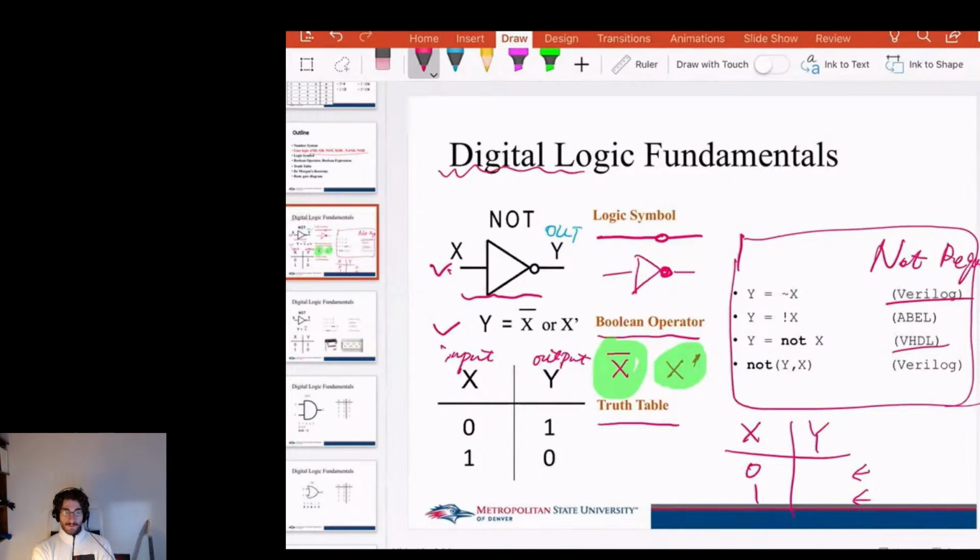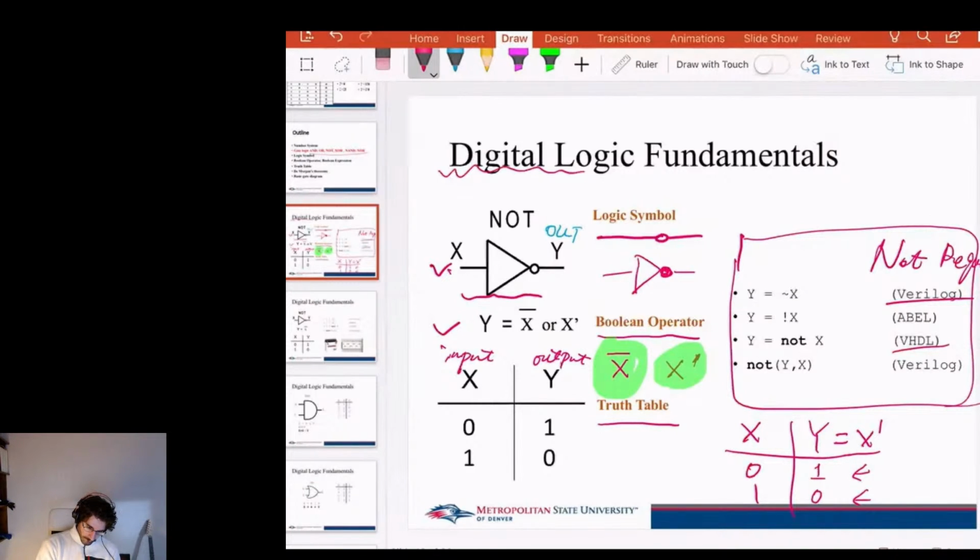Because Y equals the NOT of X, the Y has to be 1 whenever X is 0, and the Y has to be 0 whenever X is 1. So this is basic information about what a gate is, what the logic of the gate is, and the 3 different ways we can represent this kind of logic.